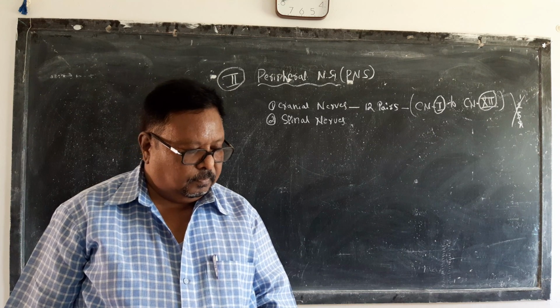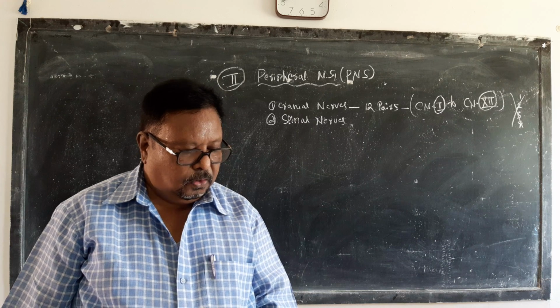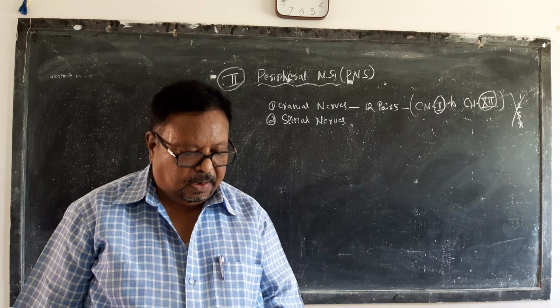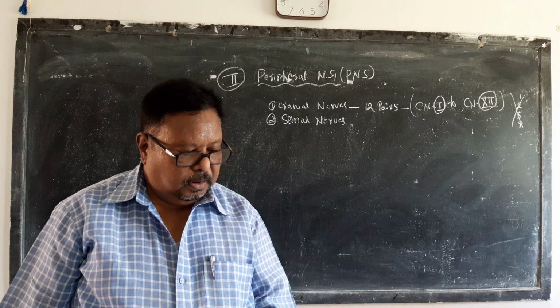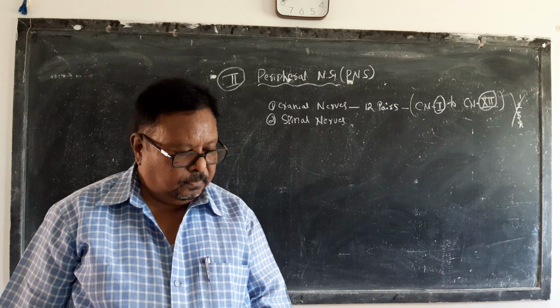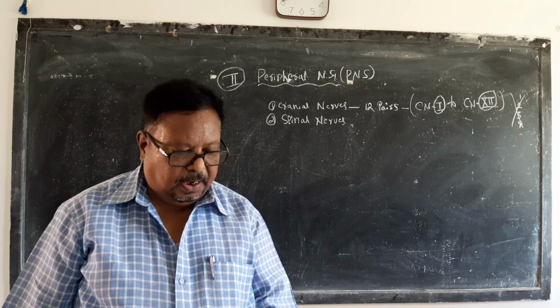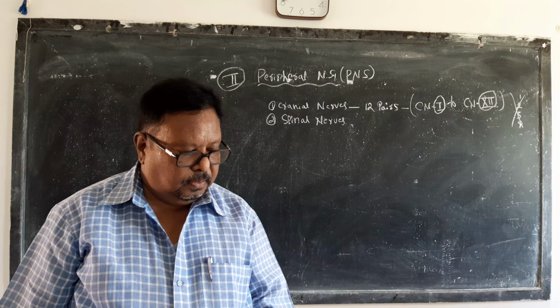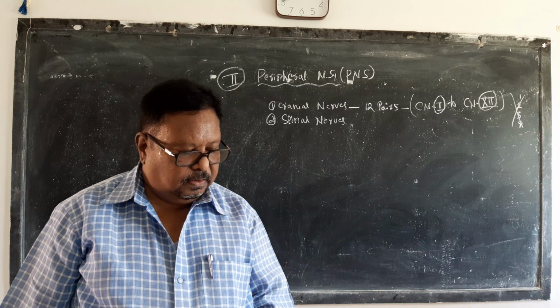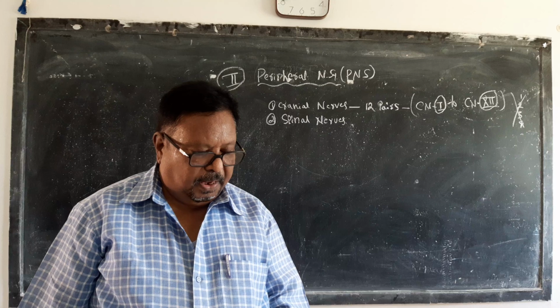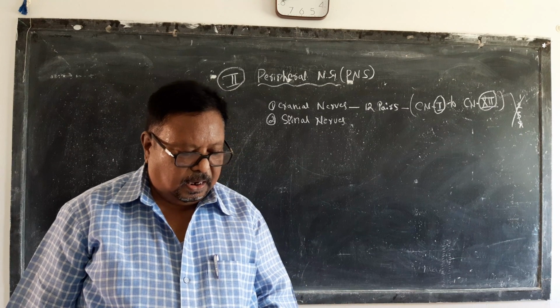CN8 is the vestibulocochlear nerve, concerned with balance and hearing. CN9 is the glossopharyngeal nerve, supplying the tongue and pharynx. CN10 is the vagus nerve, supplying the neck, thorax and abdomen.